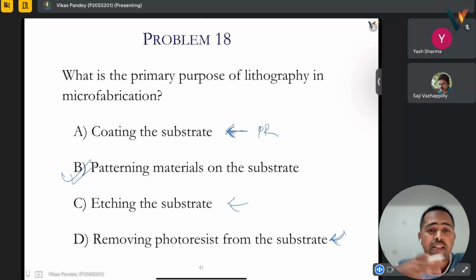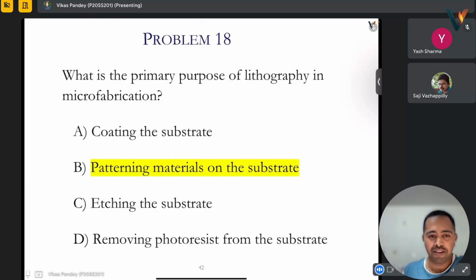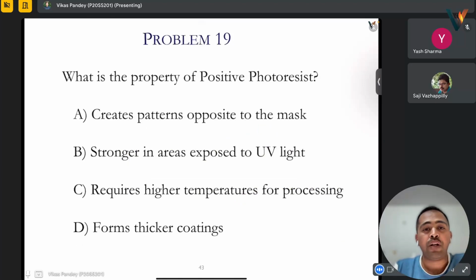But all of this is being done for a single purpose, for patterning. So all these are part of lithography, but patterning is our main purpose. So don't get confused that these steps were there in lithography. Okay. What is the property of positive photoresist?